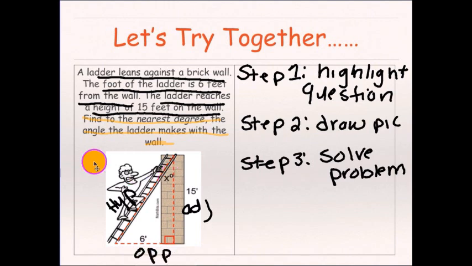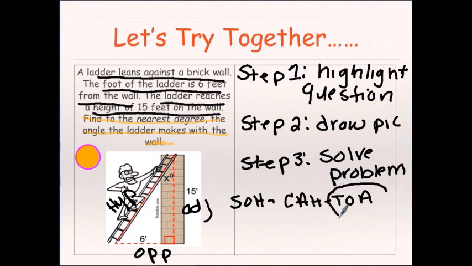All right. So now I investigate. I'm going to write my SOHCAHTOA down. I have the opposite side and the adjacent side, and I need to find this angle. So the one that fits opposite and adjacent would be tan.